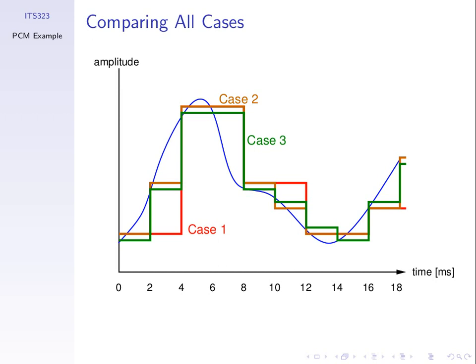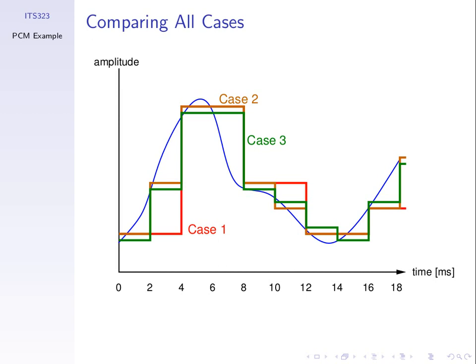Case 1, case 2, and case 3. So case 1 and case 2, the red one is actually under the orange one here. Where it's not red, it's the orange line. Case 1 to case 2, the difference was the sampling interval. Case 1 was every 4 milliseconds. Case 2 was every 2 milliseconds. If we try and compare them, hopefully you can see which one's closer to the blue line.